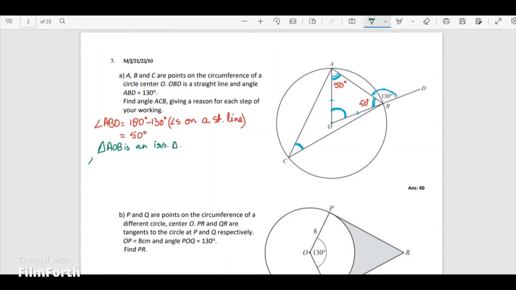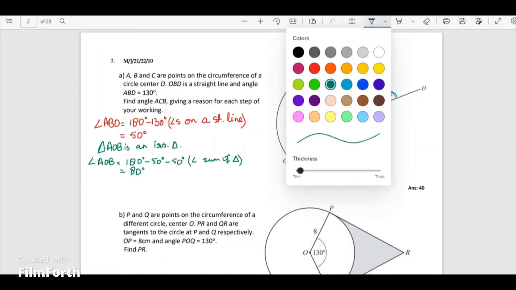So if I figure out angle AOB now, that would be equal to 180 degrees minus 50 degrees minus 50 degrees, reason: angle sum of triangle. So 180 minus 100 would be 80 degrees. That means this right here is 80 degrees.